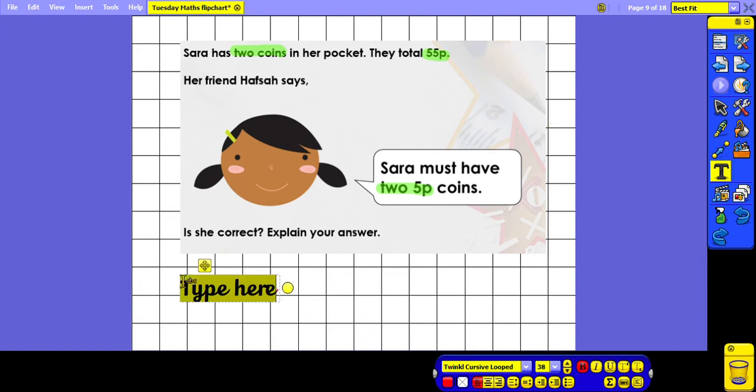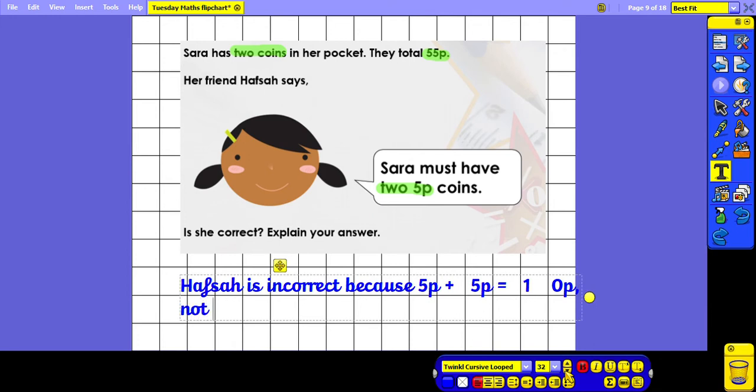So we know that Hafsa is incorrect because 5 pence add 5 pence equals 10 pence, not 55 pence.